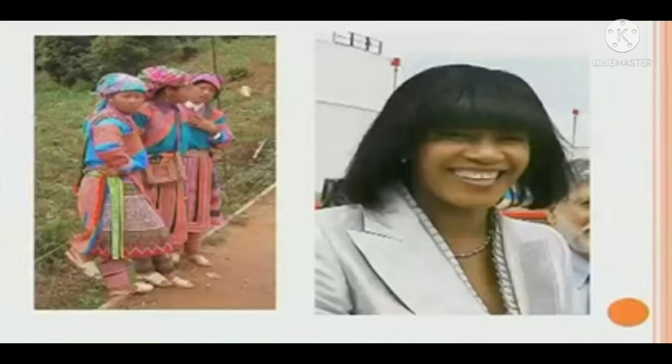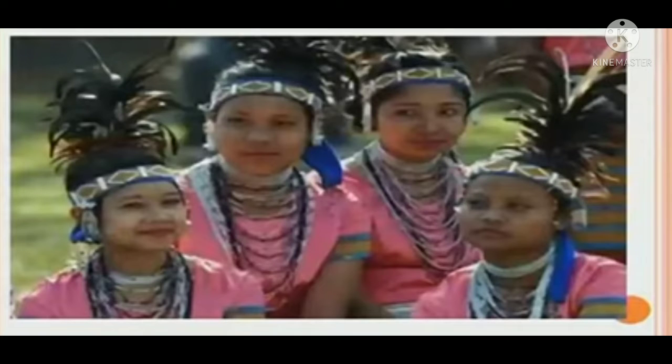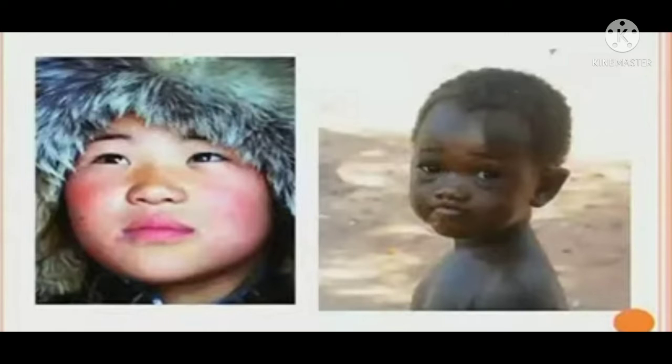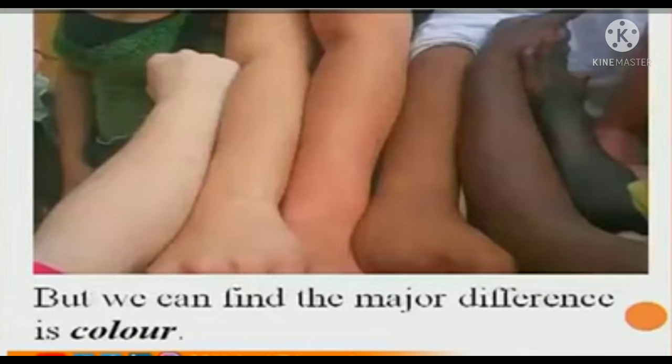Just observe the pictures, children, and find out the difference. Children, I hope you have understood by looking at the pictures.